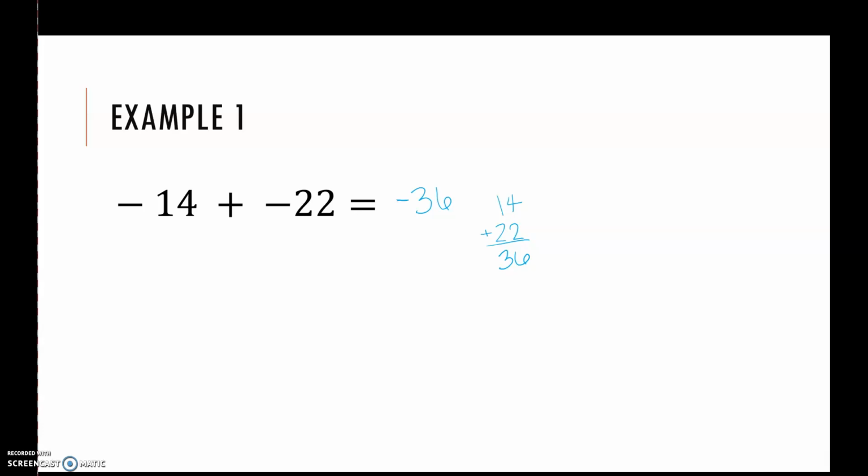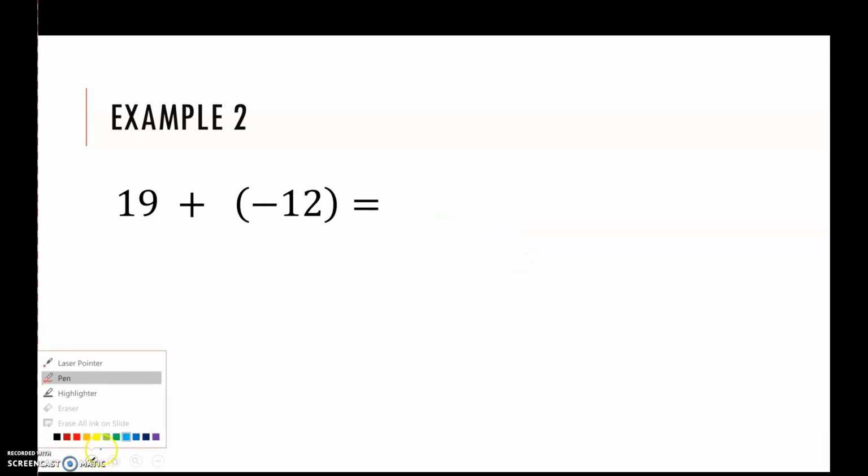Let's take a look at the second problem. Problem number 2 says 19 plus negative 12. Again, the first question I ask myself: same sign or different sign? This one is a positive, this one is a negative, so I have a different sign.